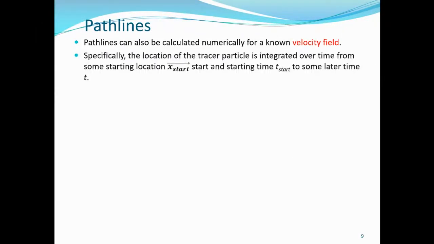Path lines can also be calculated numerically for a known velocity field. If the velocity field is known, then we can calculate the path line numerically. Specifically, the location of the tracer particle is integrated over time from some starting location, which is x. X is a position vector. That's why it has the vector notation. From starting point at a starting time to a later time. So how do we do that?